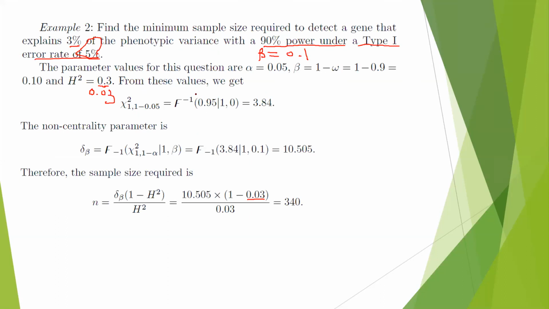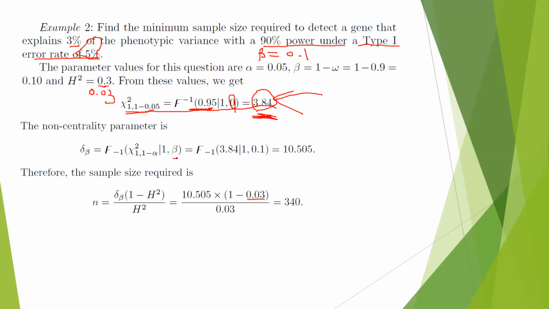Now, based on this information, first we need to calculate this. Actually, you don't have to calculate this because you can remember this number. That's easy. The critical value for the central chi-square, if we use 0.05, is always 3.84. And the tricky part is here.